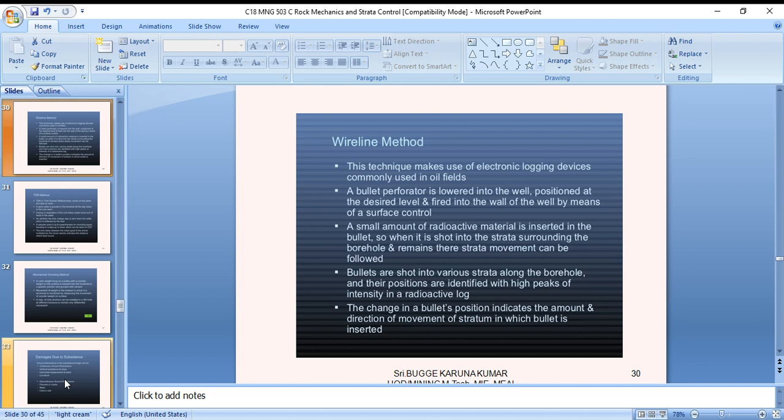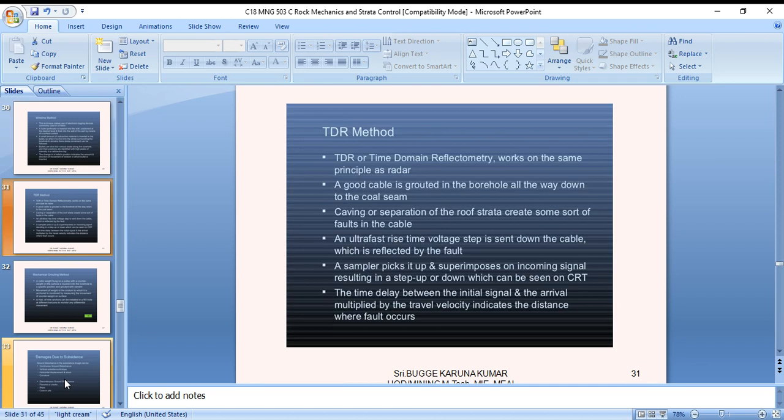When it is shot into the strata surrounding the borehole, the strata movement can be followed. Bullets are shot into various strata along the borehole, and their positions are identified by the high peaks of intensity in a radioactive log. The change in bullet positions indicates the amount and direction of movement of the strata in which the bullet is inserted. Another method is the TDR method.